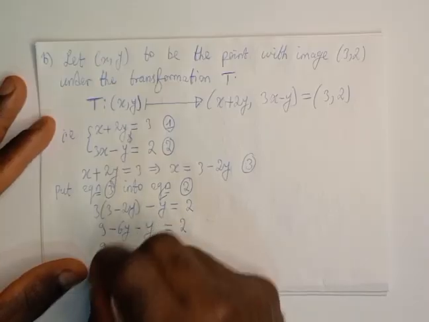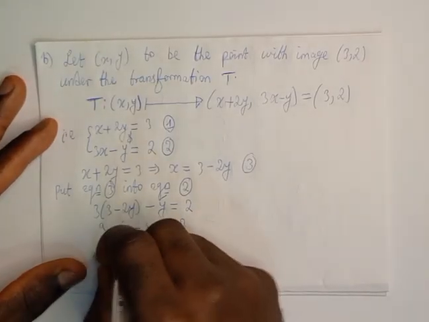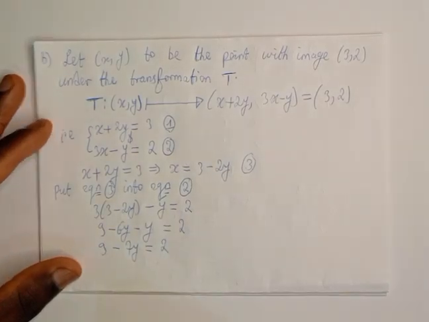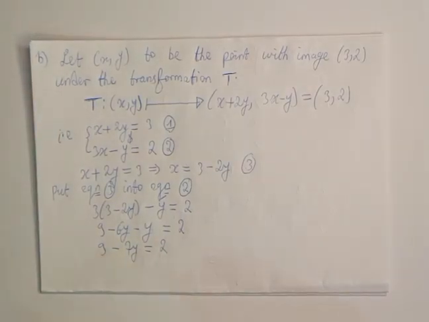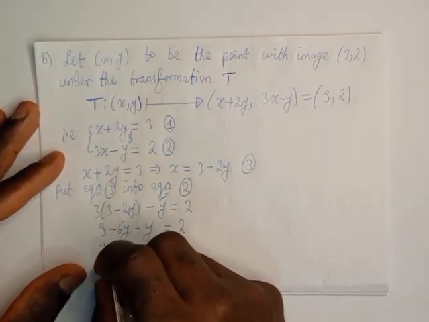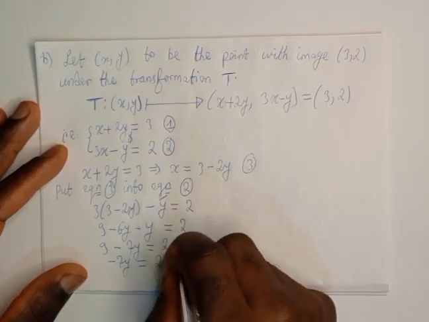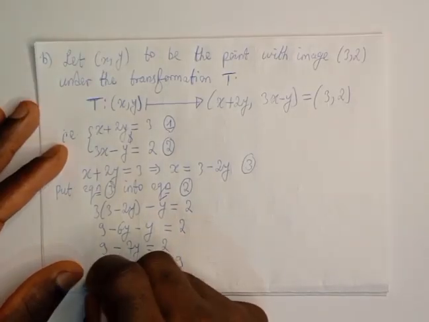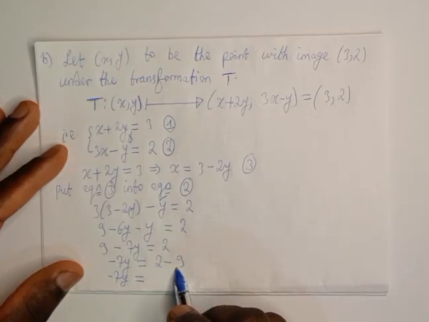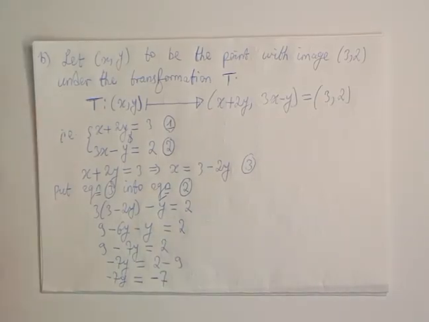This gives 9 − 7y = 2. Next, we transfer 9 to the right hand side, which becomes negative: −7y = 2 − 9, which is −7.